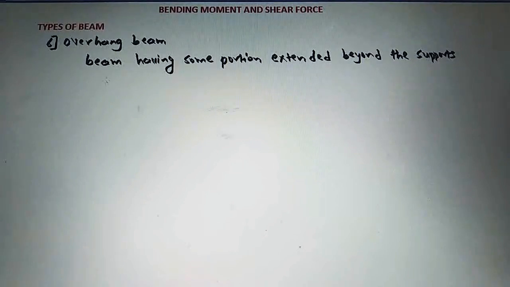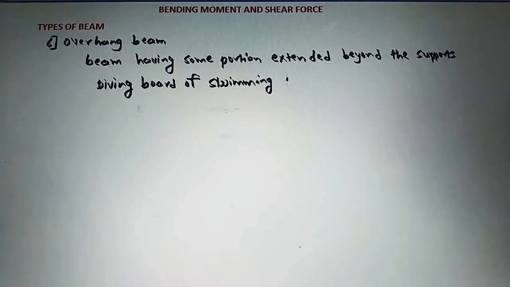For example, we can take a diving board of a swimming pool here. In case of the diving board of a swimming pool, some portion of the diving board is always extended beyond the support.